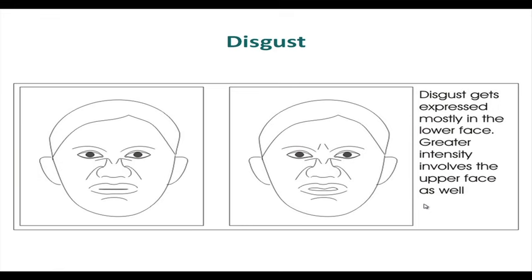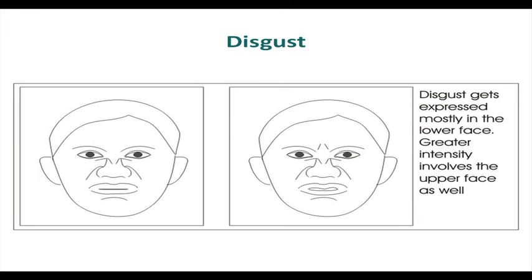Disgust, on the other hand, is an emotion which starts in the lower part of the face, around the nose, with wrinkling of the nose and then wrinkling of the muscles around the lips. When it is intensified, you find that it gets reflected in the upper part, between the eyes, which are wrinkled.